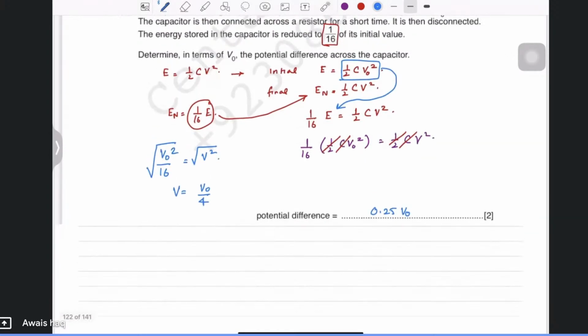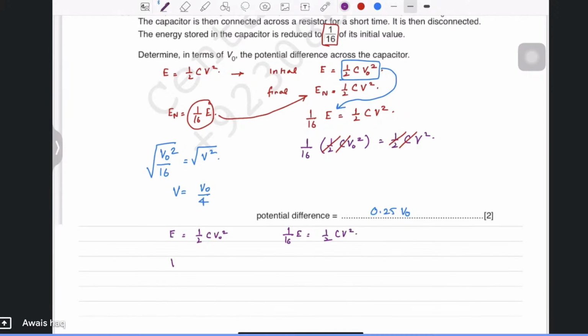So what I'm doing is, I know that energy is given by half CV naught square, and 1/16th of energy is half CV square, right? Do you understand this? So now you multiply this, make V naught the subject.